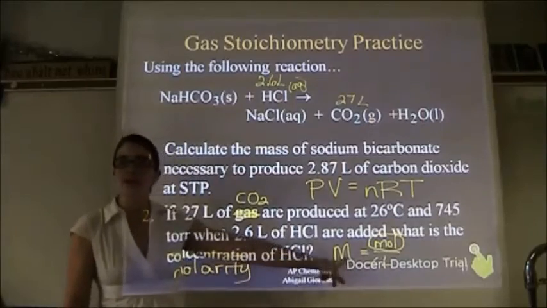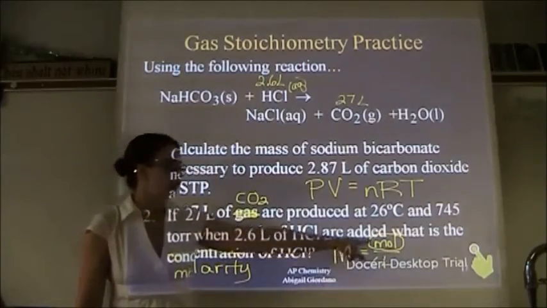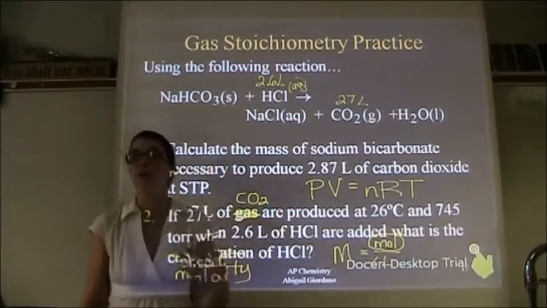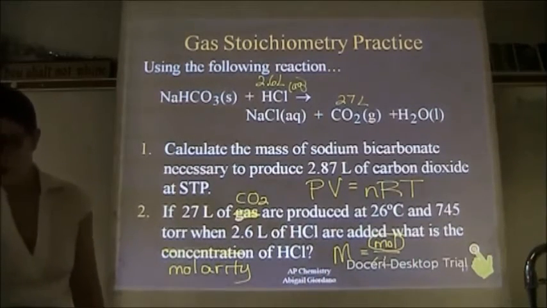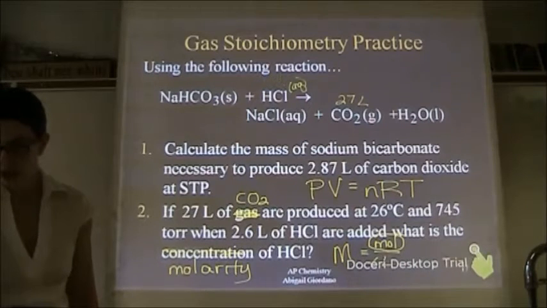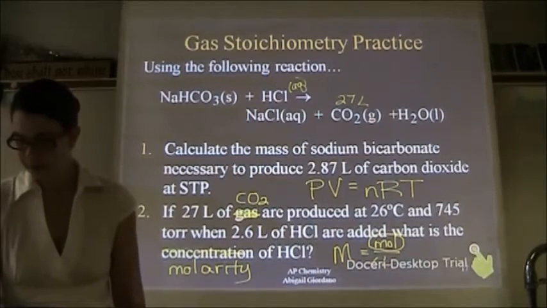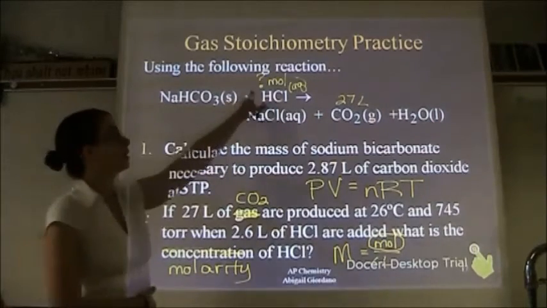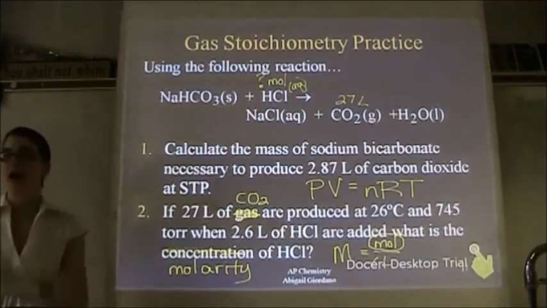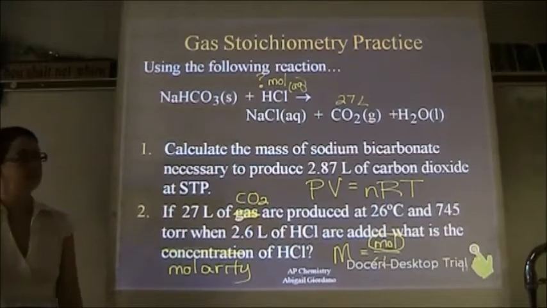I can solve this problem if I can find moles of HCl. So I'm going to come back to this equation, and I'm going to just focus here. If I can find that, I can solve this problem.